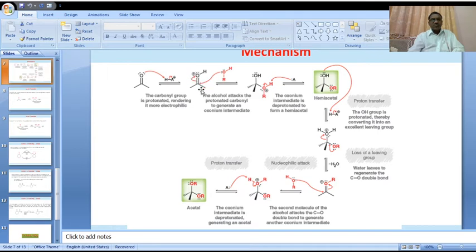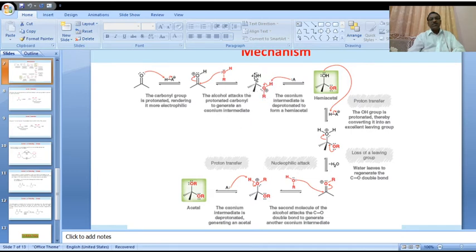The alcohol attacks the protonated carbonyl to generate an oxonium intermediate.